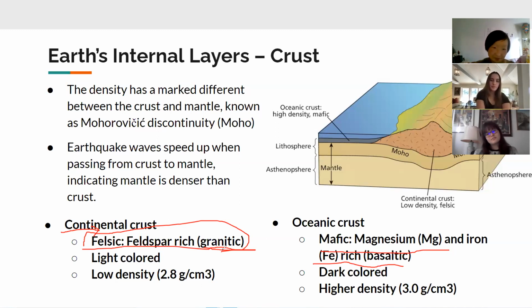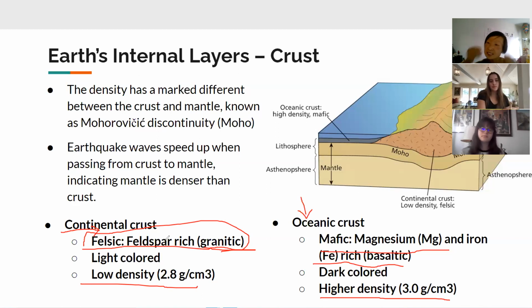And because of this composition, you also have different density. So your oceanic crust, the density is higher. And your continental crust, because it's feldspar rich, you have a lot of calcium, those light minerals, that is much less dense.